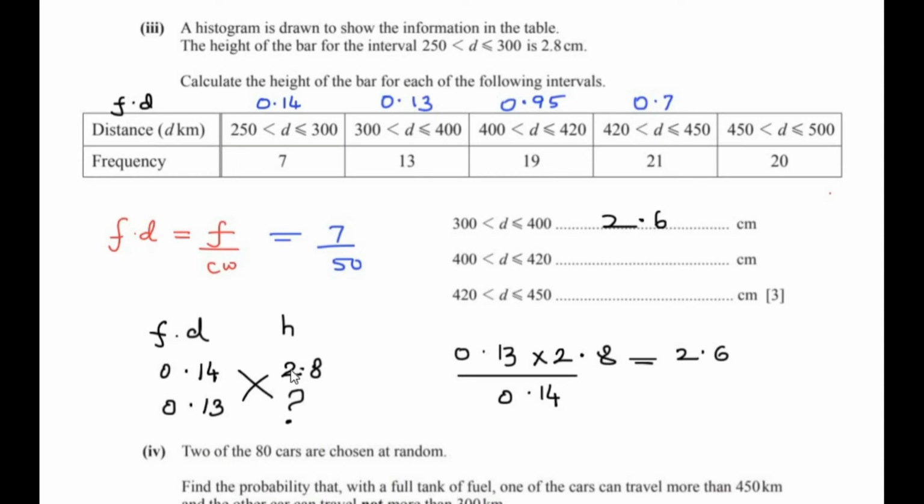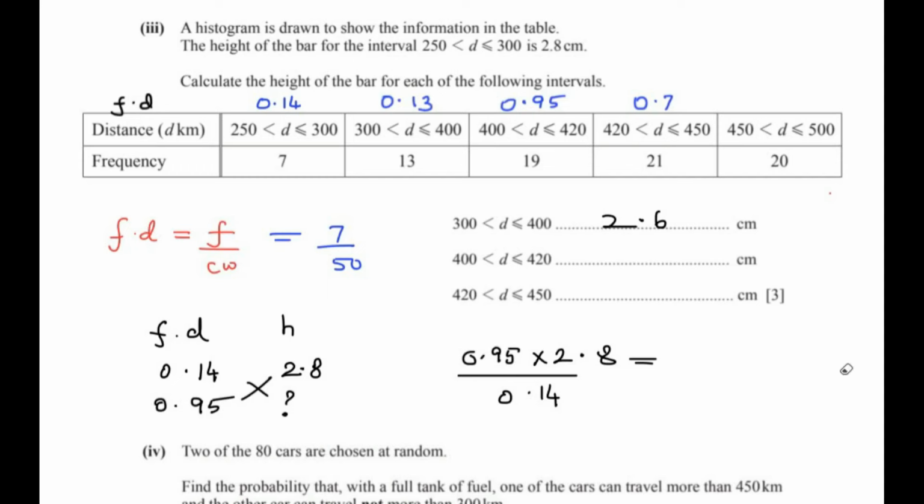Now using this same format, we are going to find out the height of the third and fourth interval. Let me write here for the third interval. For the first class interval, the frequency density was 0.14 and the height was 2.8 as it was given. Then for a frequency density of 0.95 for the third interval, let us see how much is the height. Again cross multiplying, 0.95 multiplies with 2.8 and gets divided by 0.14.